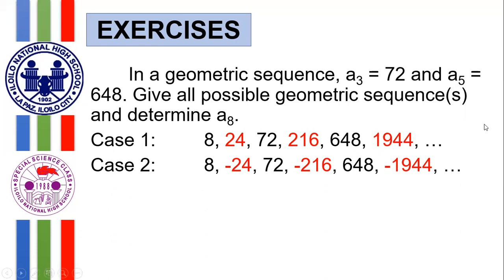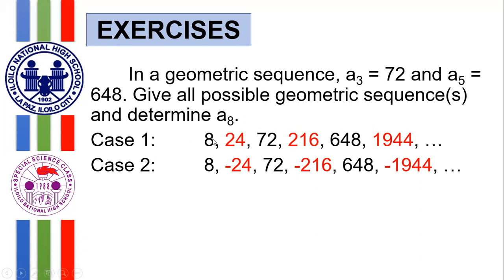That's why, remember, for case 1, since the common ratio is positive, all terms have the same sign. Remember, if your common ratio is positive, then all terms are all positive or all negative, depending on the sign of your first term. However, if your common ratio is negative, expect that the signs will be alternating, just like this.